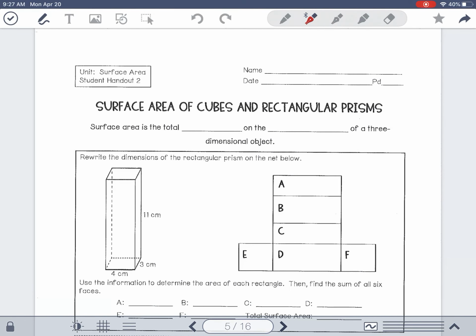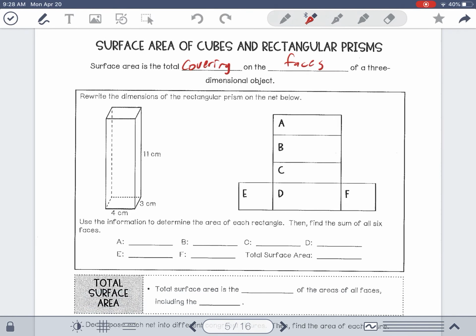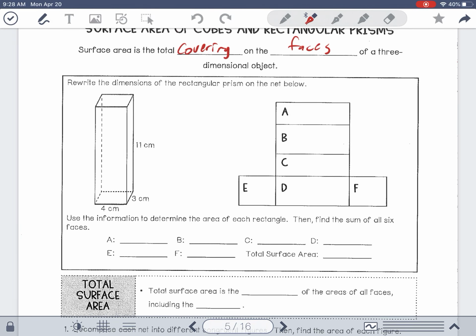We're going to go through nets. Surface area of a cube or rectangular prism. The surface area is the total covering on the faces. So what we did is take a look at each of these faces.